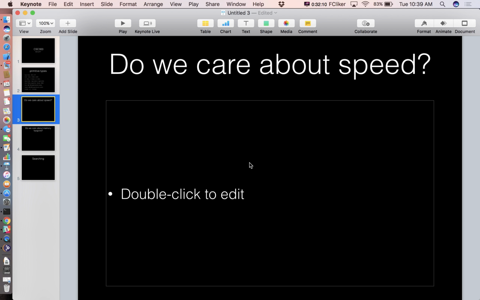For I say most. For a human being, can we tell the difference between 2 microseconds and 9 microseconds? We don't feel that. That's not human level.